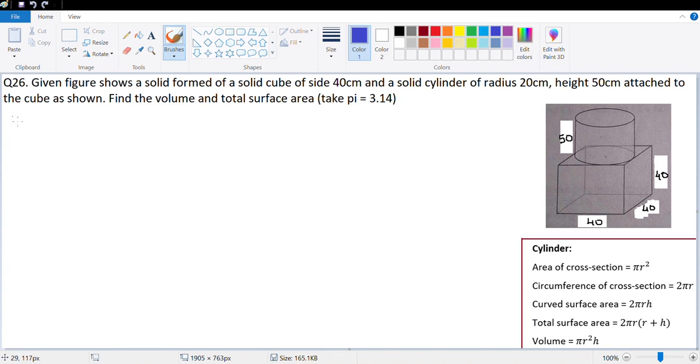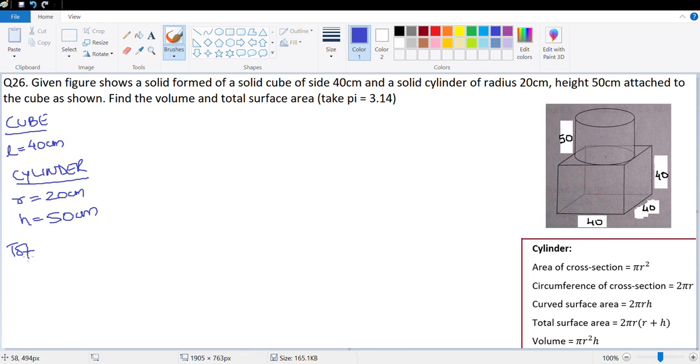So for cube, what we have is length is given equal to 40 centimeter, and for cylinder the information given is r is equal to 20 centimeter and h is equal to 50 centimeter.